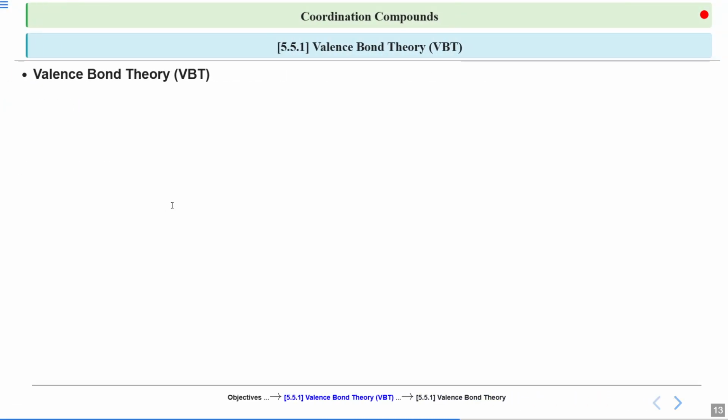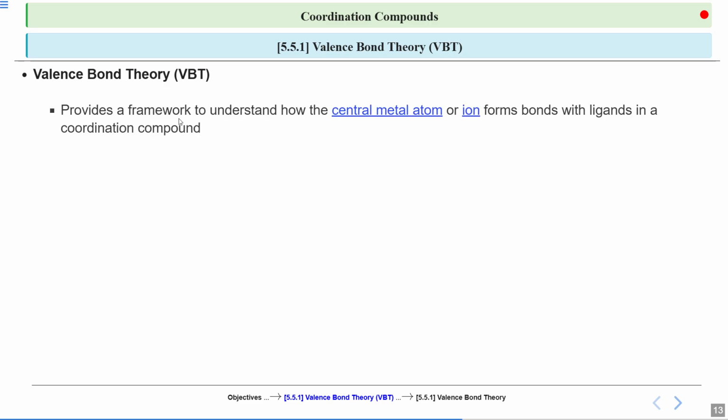Let's talk about the valence bond theory first, that is VBT. This is subsection 5.5.1, the valence bond theory. This theory provides a framework to understand how the central metal atom or ion in the coordination compound forms the bond with the ligands.